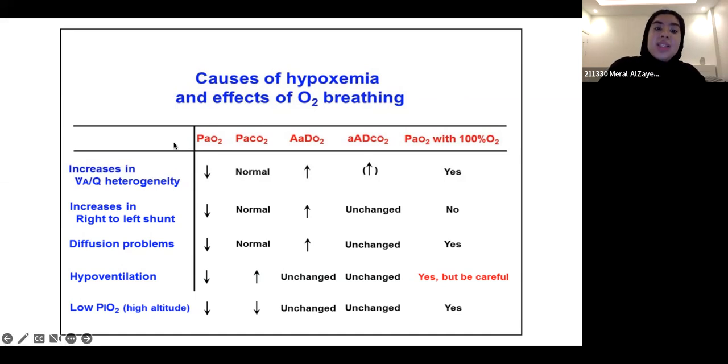Exactly, because hypoxia itself is a drive for ventilation. If we give the person too much oxygen, the lungs will stop working, and the patient will be dependent on a ventilator. Why? Because hypoxia or an increase in carbon dioxide is a stimulant for ventilation.